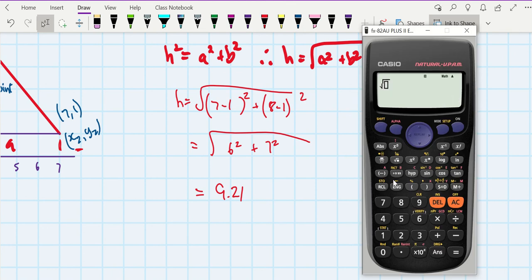So we've got our square root symbol, then it's 7 take 1, squared, plus, open brackets, 8 take 1 squared, and there you go, 9.21.